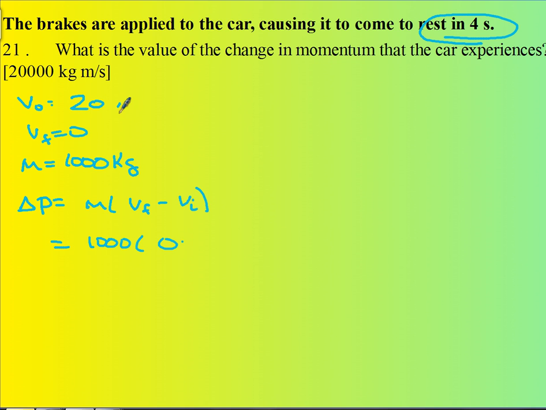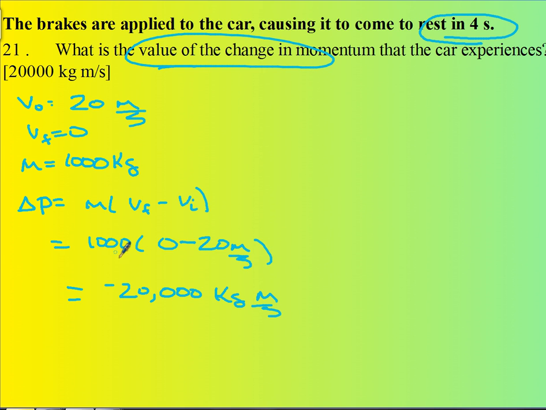Double the problems. So this is minus 20, so this is minus 20,000 kilograms meters per second. Now they want the value of the change, so we're really looking for the positive here.